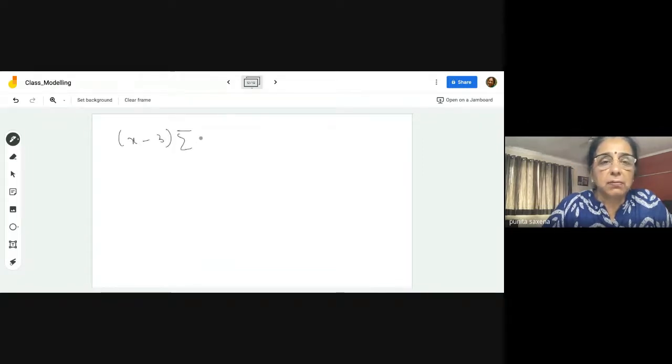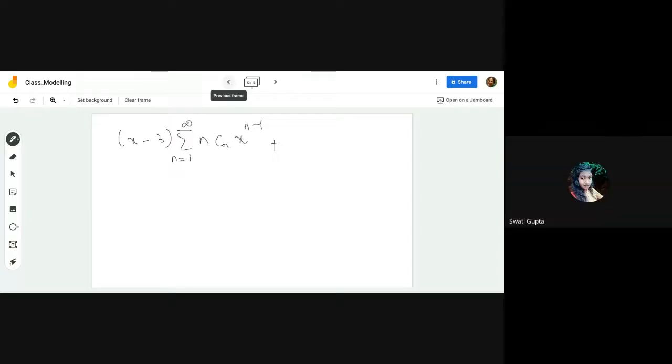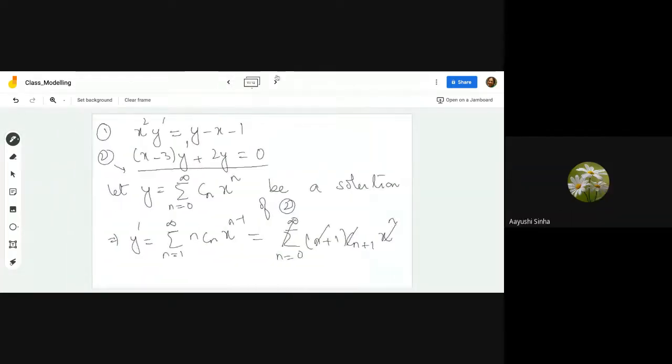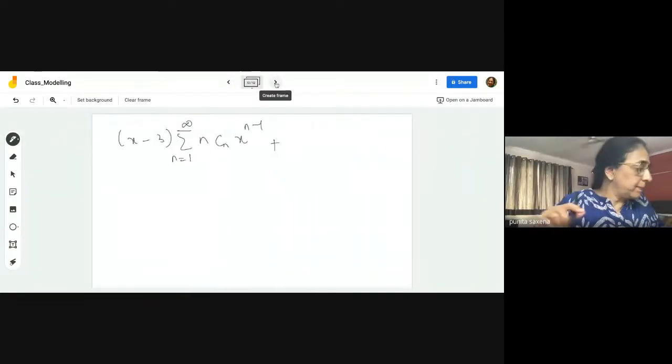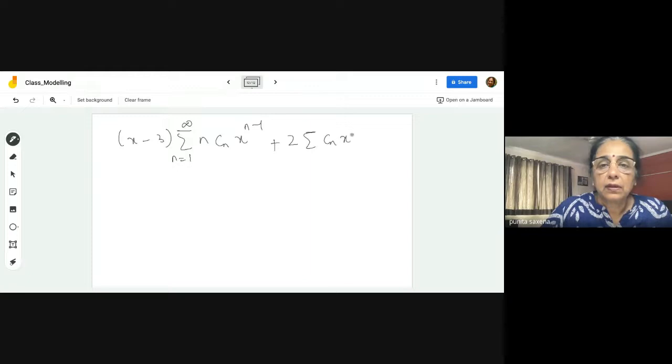So that means summation n cn x to the power n minus 1, n from 1 to infinity, plus, what was the other thing? Plus 2y, summation n from 0 to infinity, equal to 0.